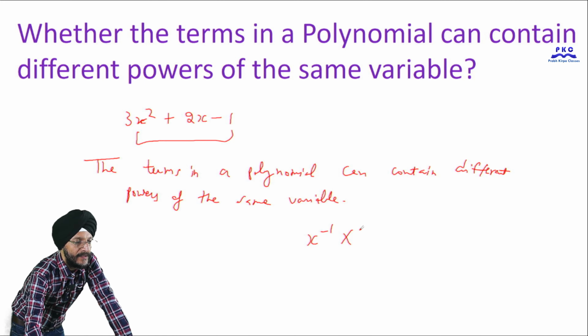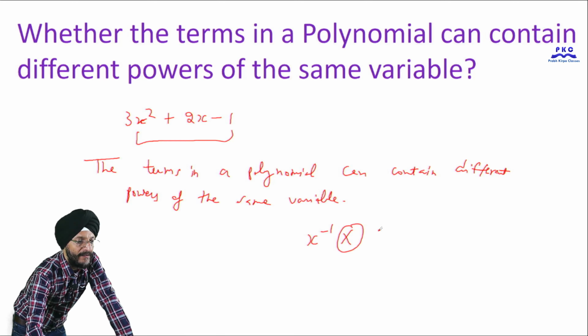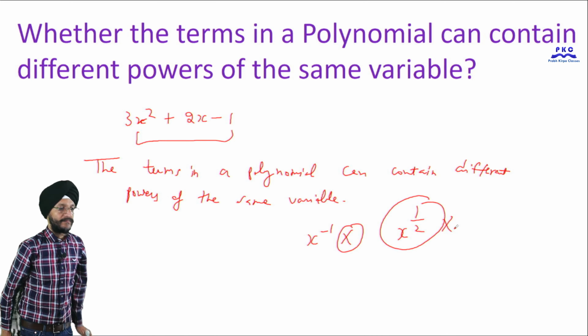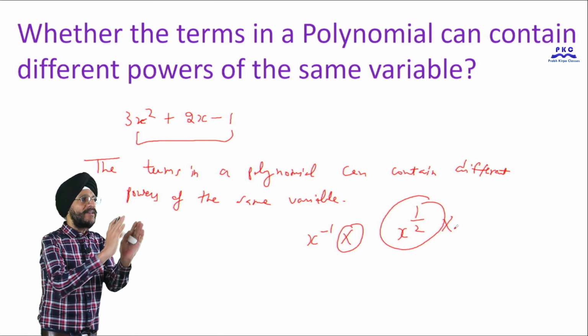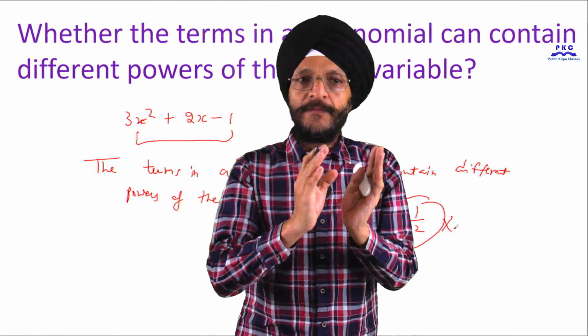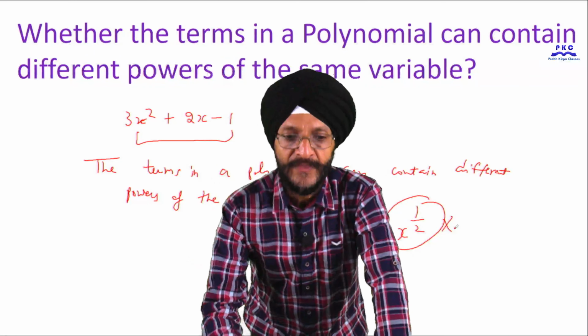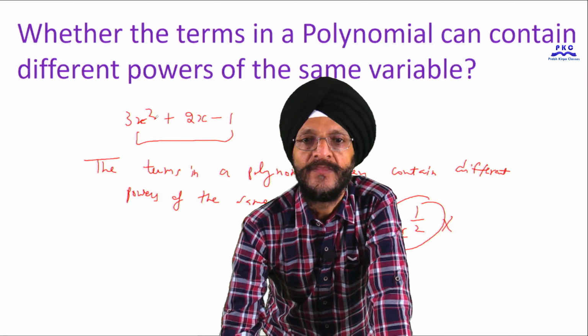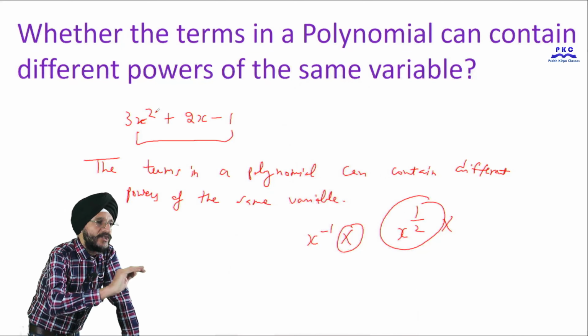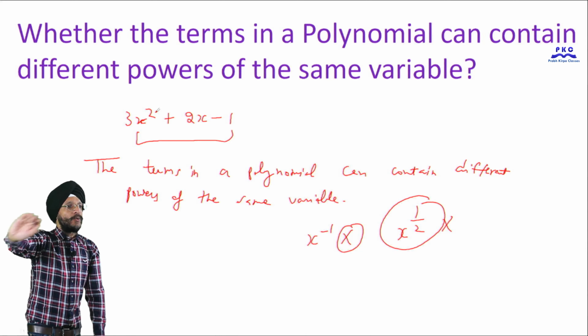Further, the power of the variable cannot be a fraction. The power of the variable has to be either 0 or a whole number, that is 1, 2, 3.